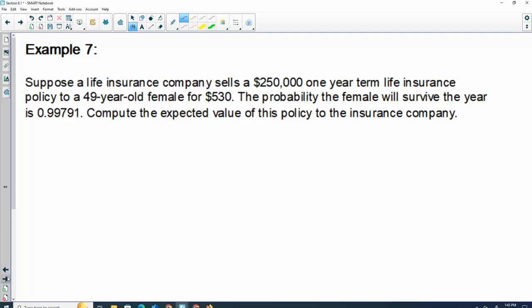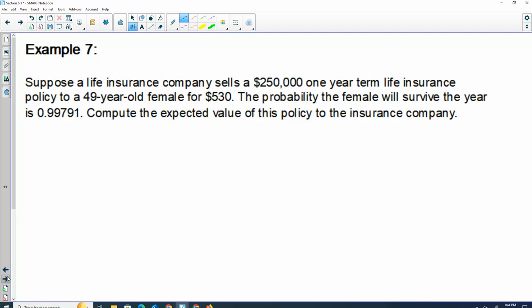So what happens if the person lives the whole year? What's the company do? They keep that premium money, right? What happens if the person dies? Give it to their family. They pay out $250,000, right? Now, ultimately, your life insurance company does not want to lose money. So they are going to set this premium so that they are not going to take a loss.